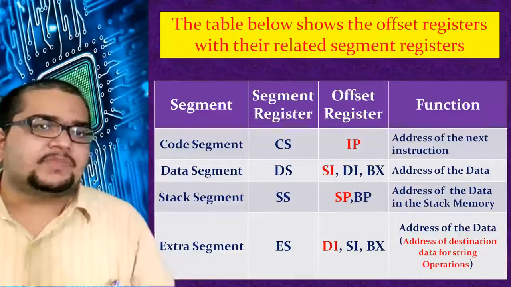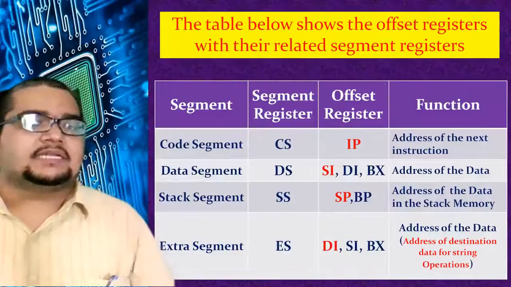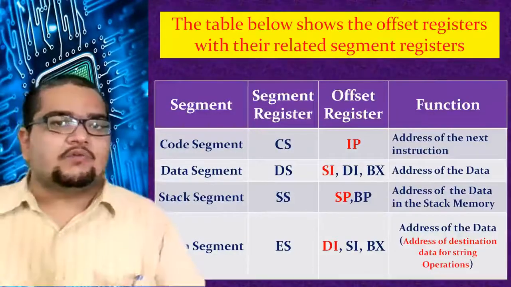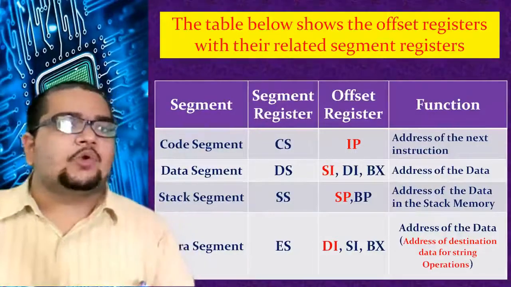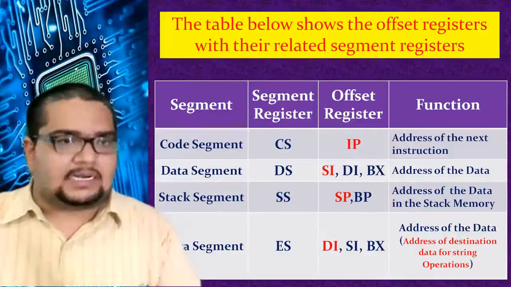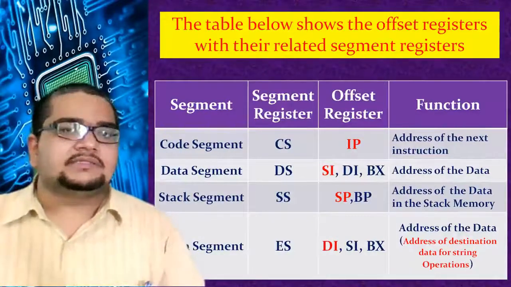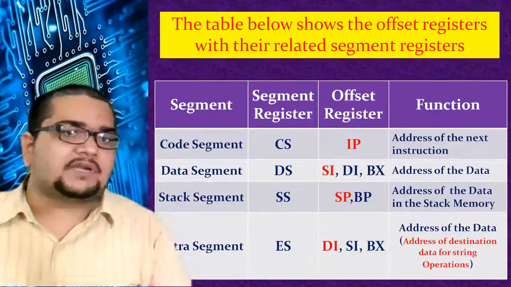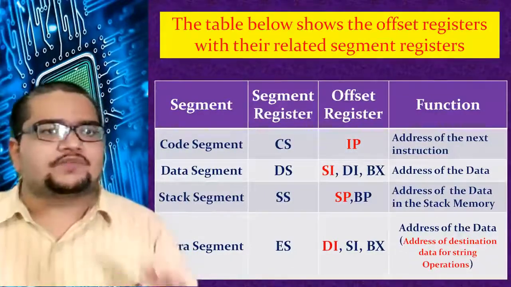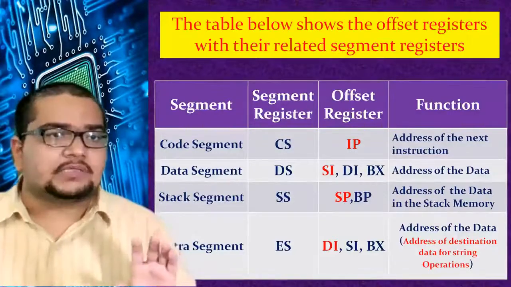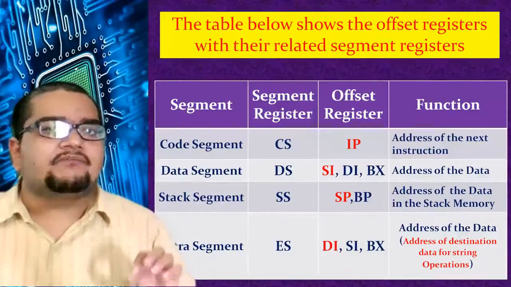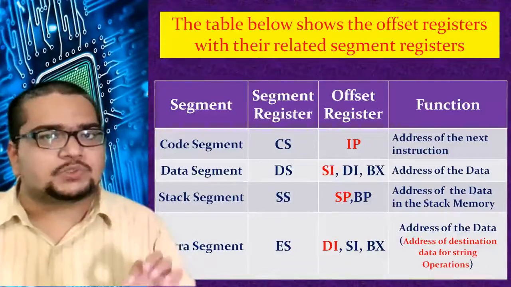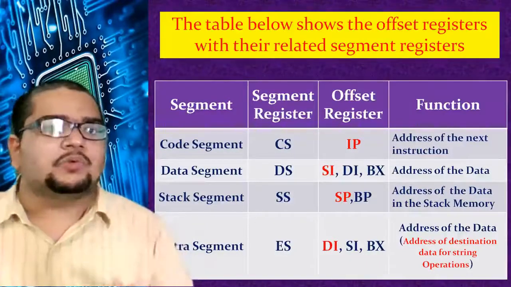In the data addressing modes, we see which registers can be used for holding the offset address of the data. That option is not available for the code segment of the memory. Always the offset of the program instructions in memory will be with the IP register only.